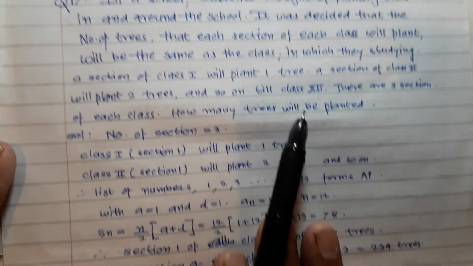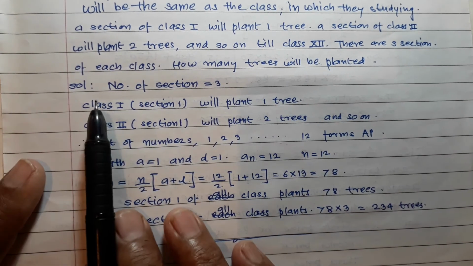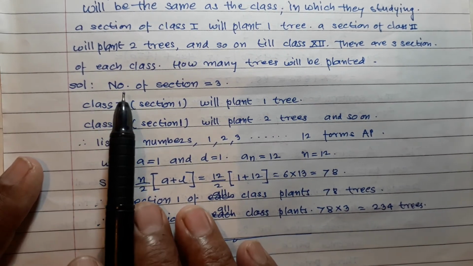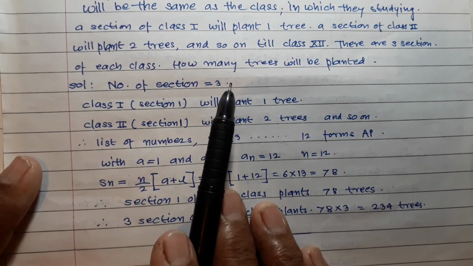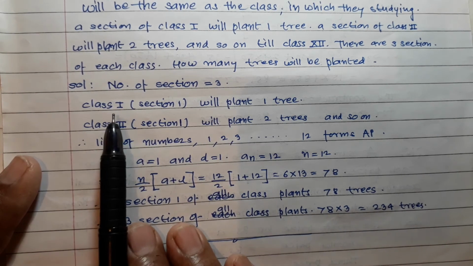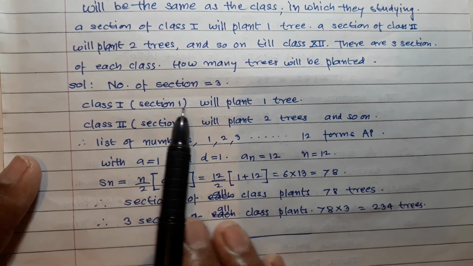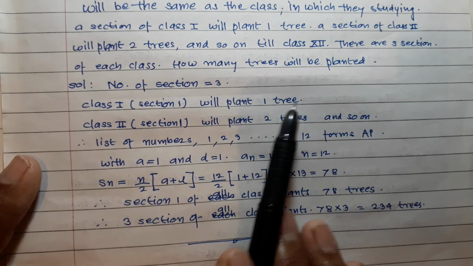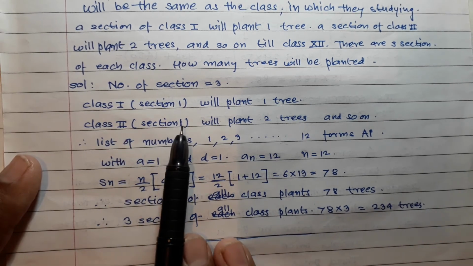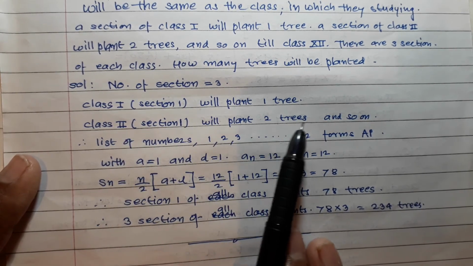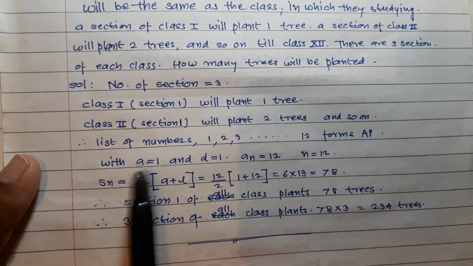Okay. Now try to understand the solution. Number of sections is 3. Class 1 section 1 will plant 1 tree. Class 2 section 1 will plant 2 trees, and so on.